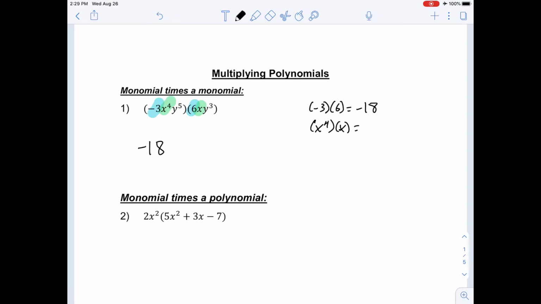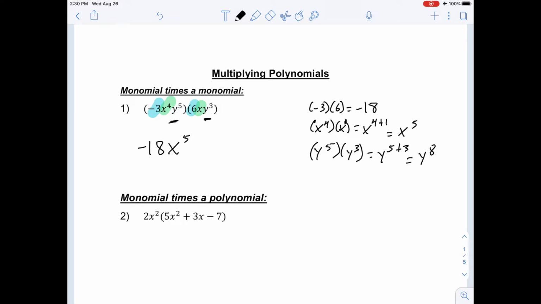Now remember, when you're multiplying with powers, you add the exponents. There's a 1 here, so it's x to the 4 plus 1, which is x to the 5th. So I'll put that here. And then the last one, we have y to the 5th times y to the 3rd. And again, when you're multiplying, you add the exponents.